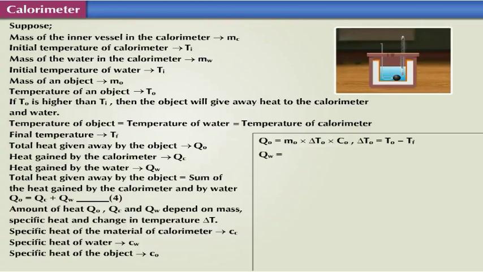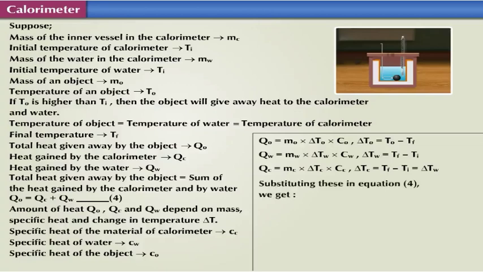Qw is equal to Mw into delta Tw into Cw, where delta Tw is equal to Tf minus Ti. Qc is equal to Mc into delta Tc into Cc, where delta Tc is equal to Tf minus Ti, which is equal to delta Tw.